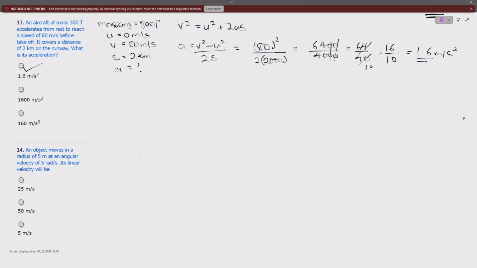So the formula we're going to use: linear velocity equals angular velocity times the radius. v equals 5 rad per second times the radius, 5 meters. v equals 25 meters per second. That is the right answer.